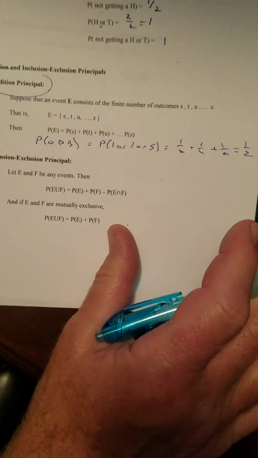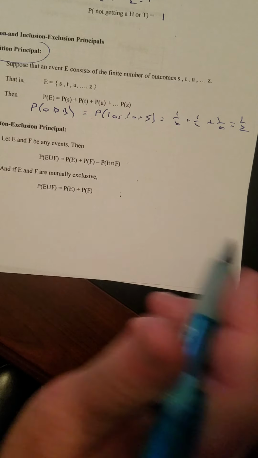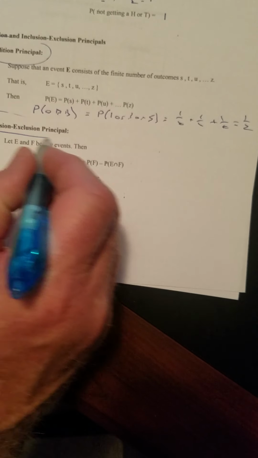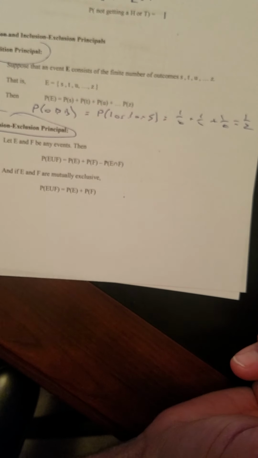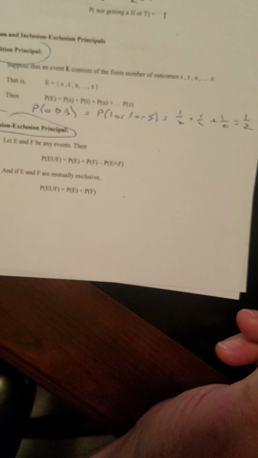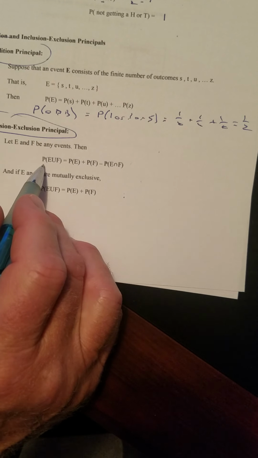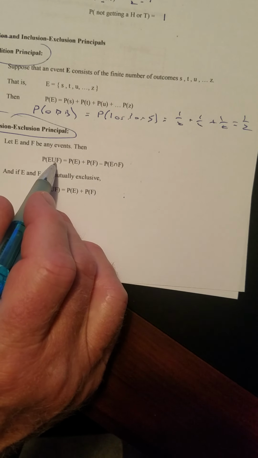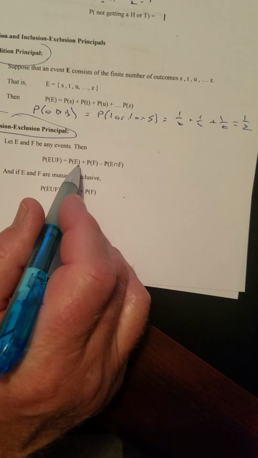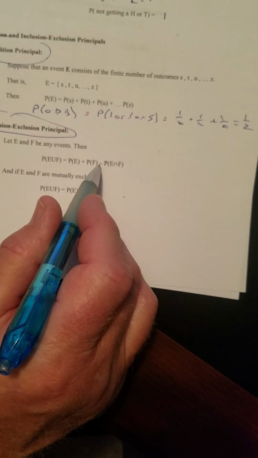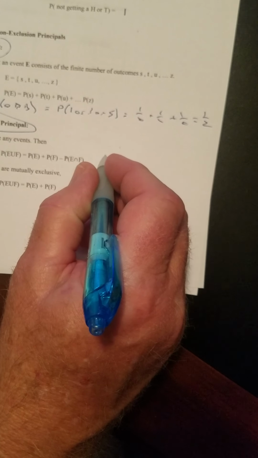Okay, and then I'll do this one a little bit more in a bit. The inclusion-exclusion principle. This is going to look very much like a property we had in the last chapter. This says the probability of E union F is equal to the probability of E plus the probability of F minus the probability of E and F. Last chapter, we had a formula that looked like this.